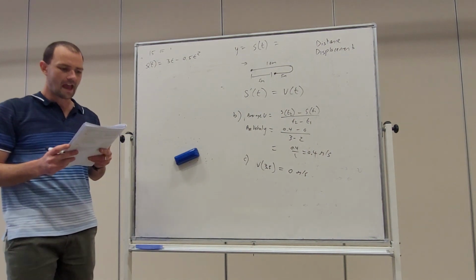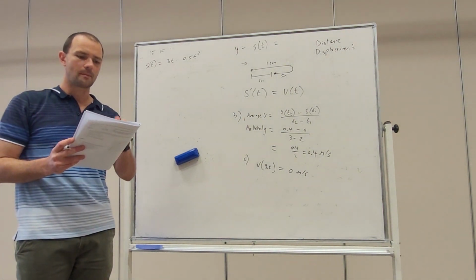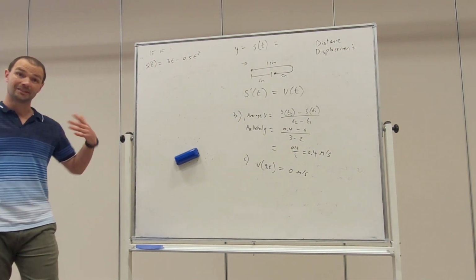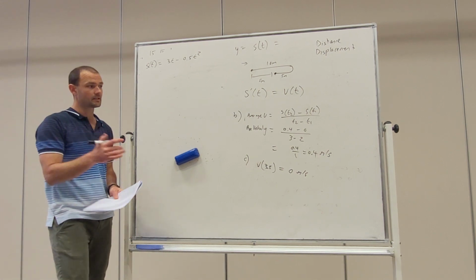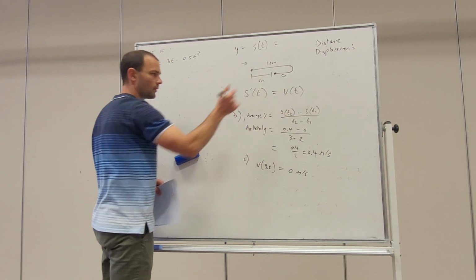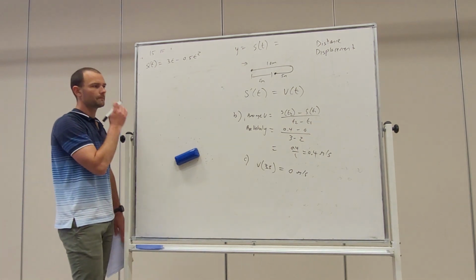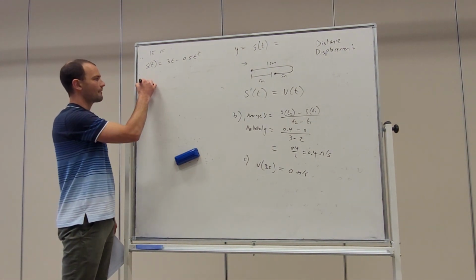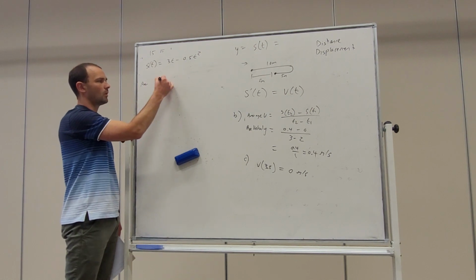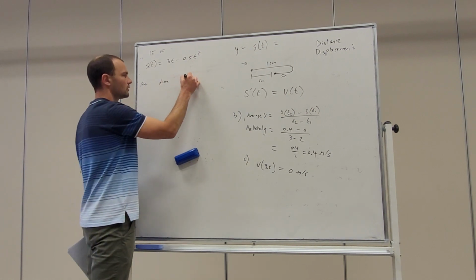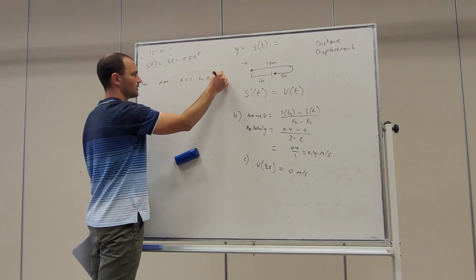Okay, find the average velocity from time is 1 to time is 3. We don't have a graph, so we're not going to get those points from the graph, but we're going to use the function. We want to do average velocity from time is 1 to time is 3. All right?